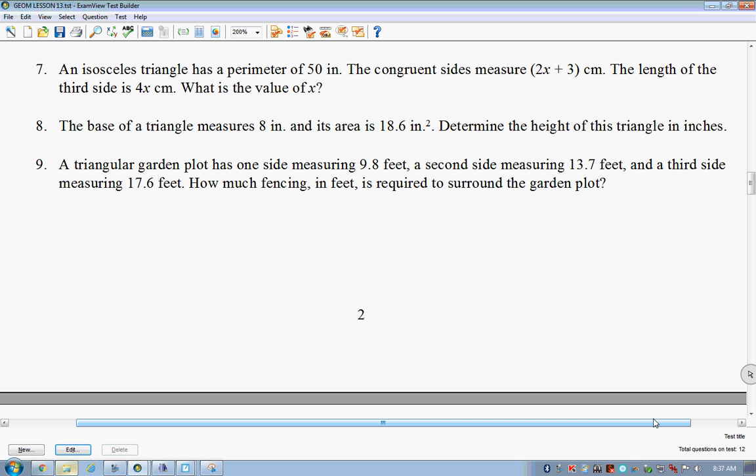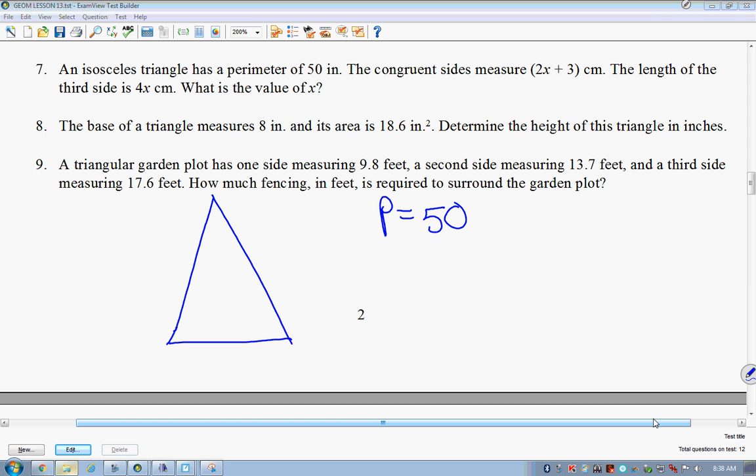Here you have to start off by drawing a triangle. Okay? All right, what do we know about the triangle? 50. What else do we know about this triangle? No, they are not. 2 sides. How do you know only 2 sides are congruent?